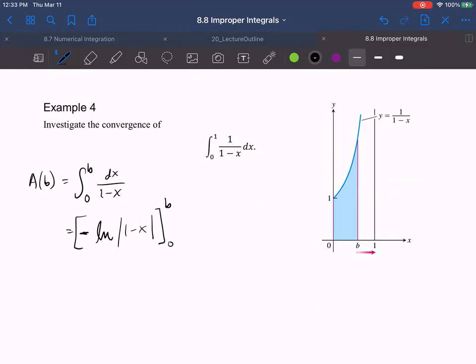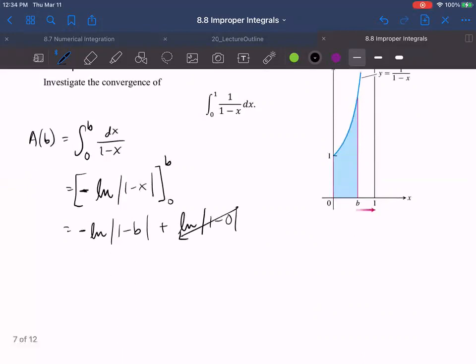All right, and then we get minus ln of 1 minus b, plus, minus ln of 1 minus 0, which is just going to be what? 0, because it'll be just the natural log of 1, so that's going to go to 0.